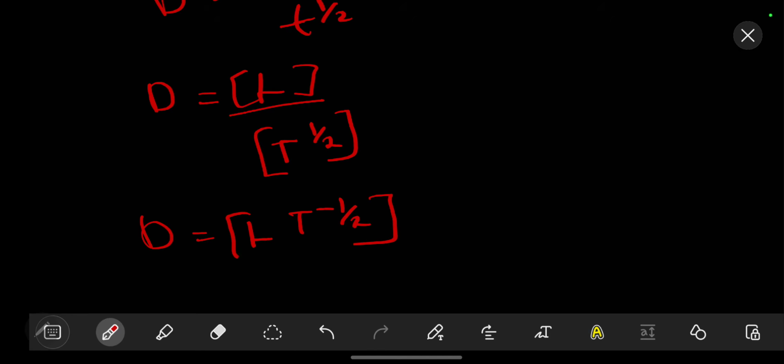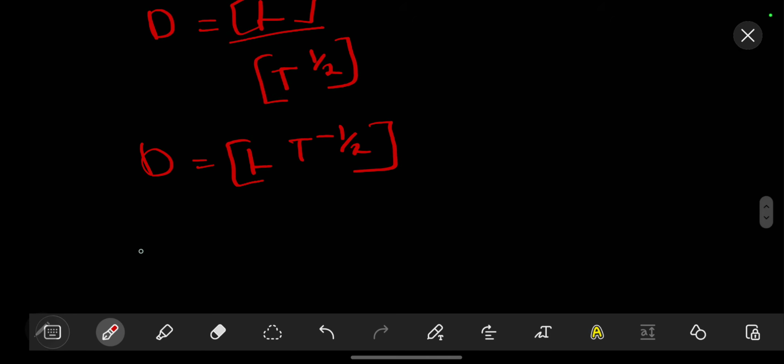These are the dimensions of d. Then the SI units will be the meter over the seconds to the power half, like that. So we have found our B, our C, our D, and our E.